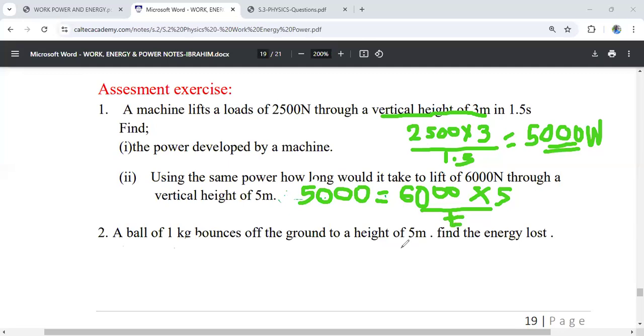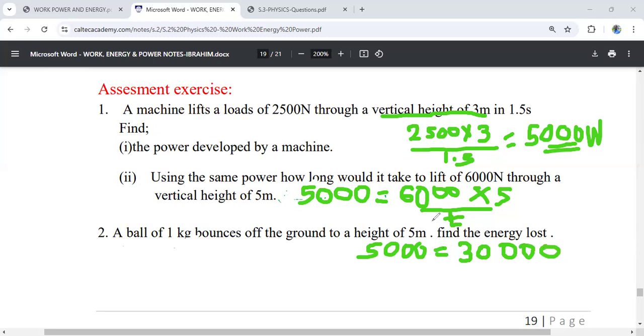Now for this, we'll be having our 5,000. It will be equal to 6,000 times 5. It will give us 30,000.